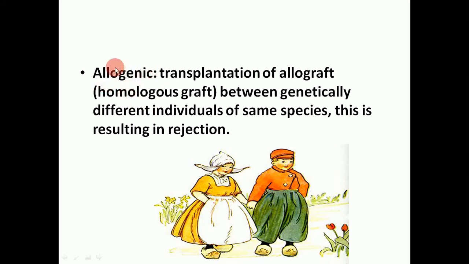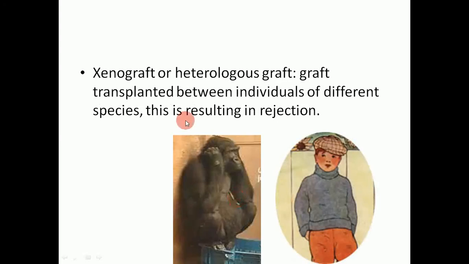And allogenic, which is very important, is a transplantation of the graft between two different individuals who are genetically different, but in the same species, يعني إنسان لإنسان. Xenograft is transplantation of the graft between two different species, from an animal to a human.